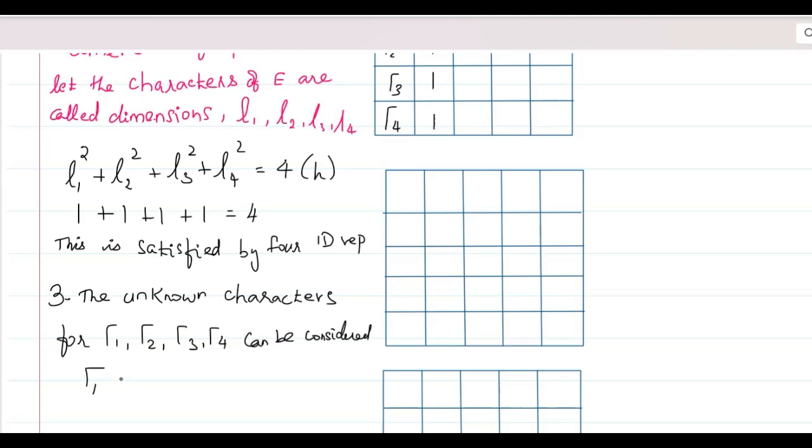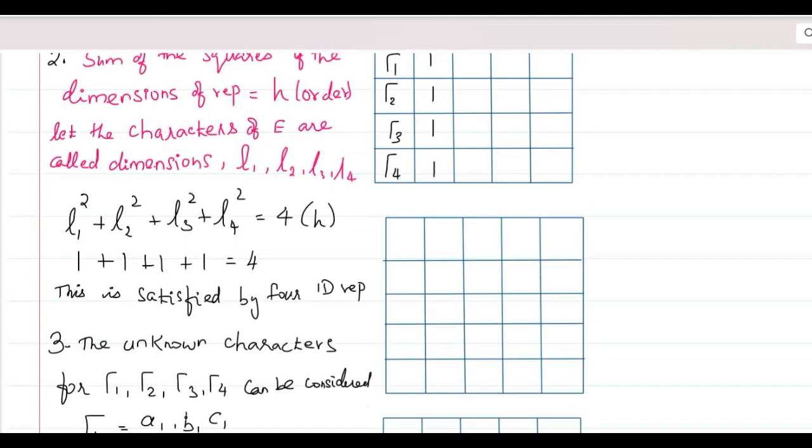So here, for the first irreducible representation, let the unknown characters be A1, B1, C1. The next, for the second one, A2, B2, and then C2. Likewise, I am going to consider the unknown characters by this labeling.